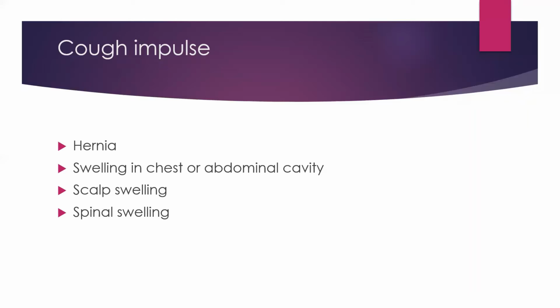Or any scalp swelling where there is bone indentation, you have to go for the cough impulse test, both inspection and palpation. Or in spinal swelling, like meningocele, we need to ask the patient to cough to look for visible impulse on coughing. And other than this, there are some other swellings where cough impulse is positive, like saphenous varix or varicocele.